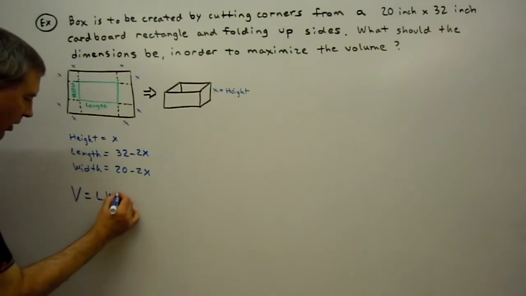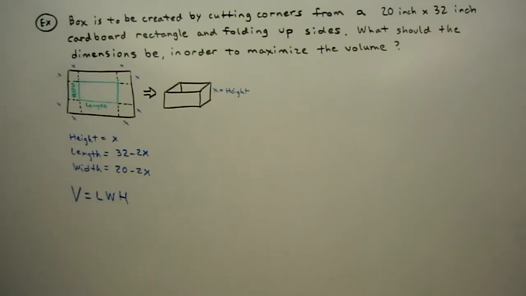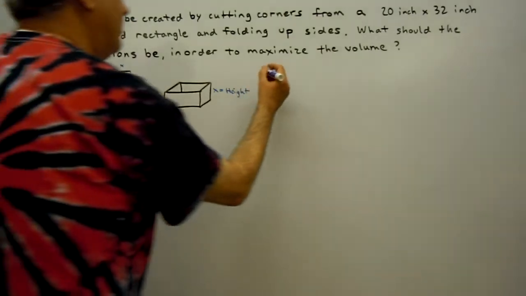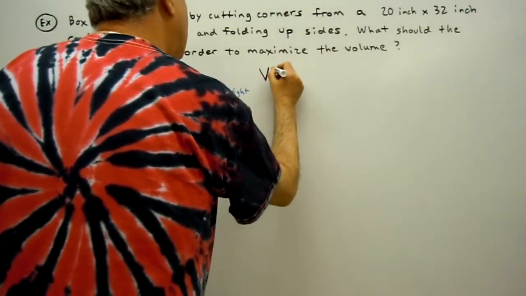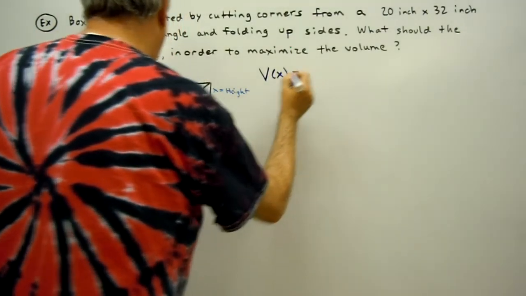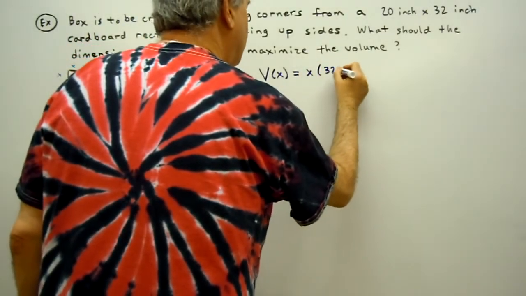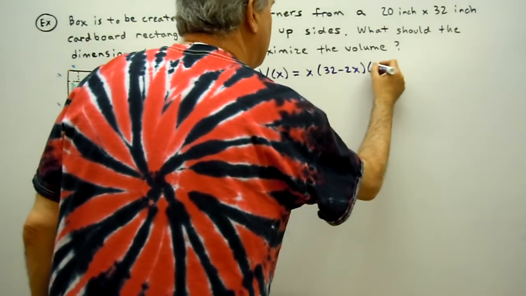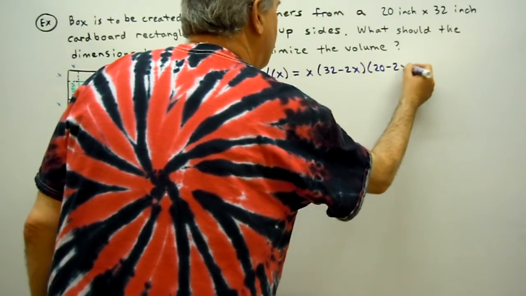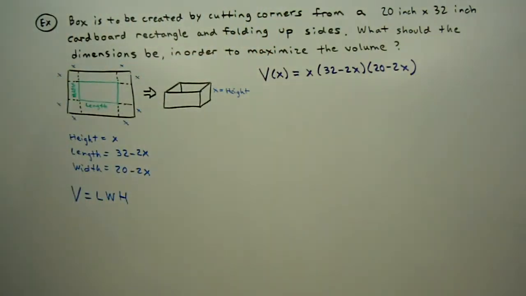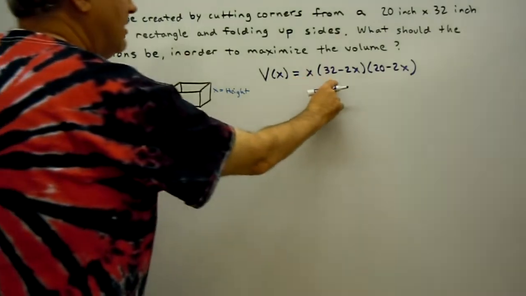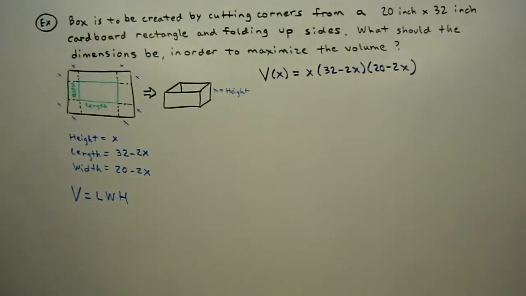Length, width, height. So if we write that down as the volume of the box in terms of x, the volume in terms of x is going to be x times 32 minus 2x times 20 minus 2x. The height of the box, the length of the box, the width of the box.